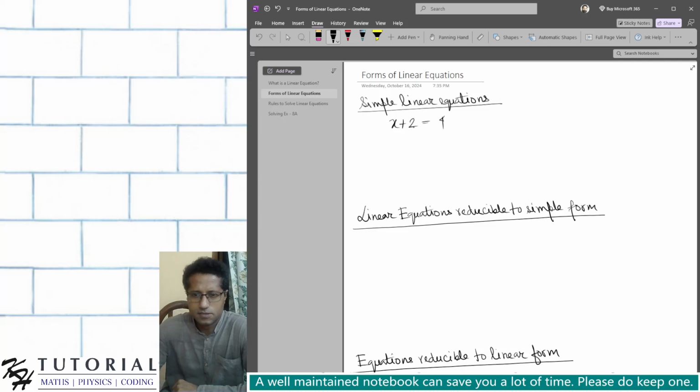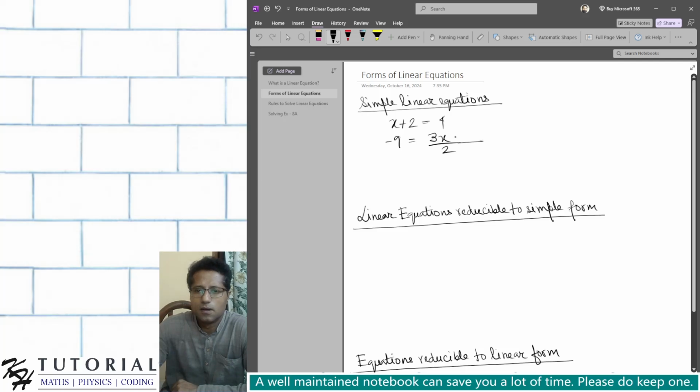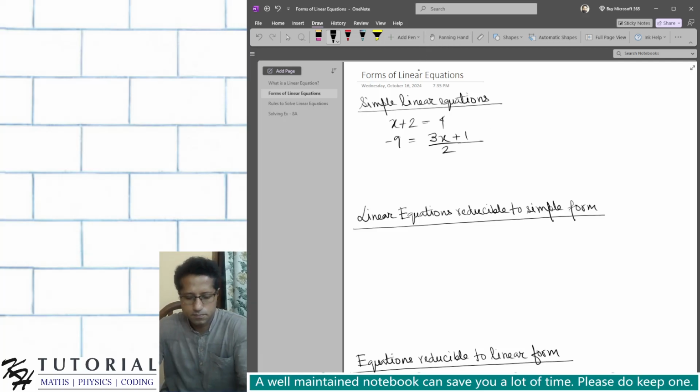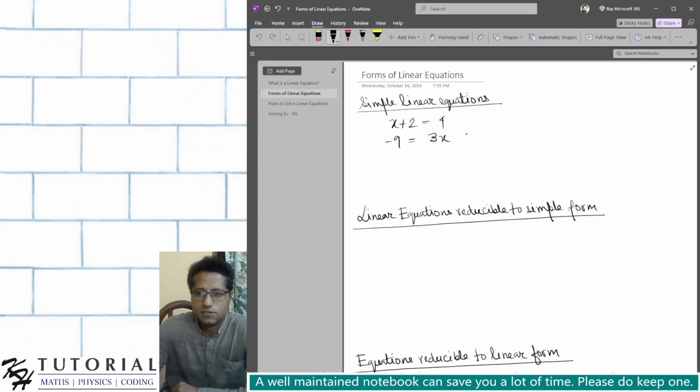If it is the other way around, let's say minus 9 is equal to 3x by 2, let's say 3x plus 1 by 2, then this is also a no. This is not a simple linear equation. Let's say we have plus 1.